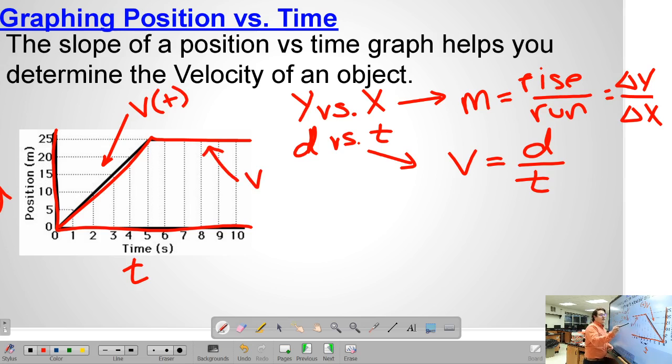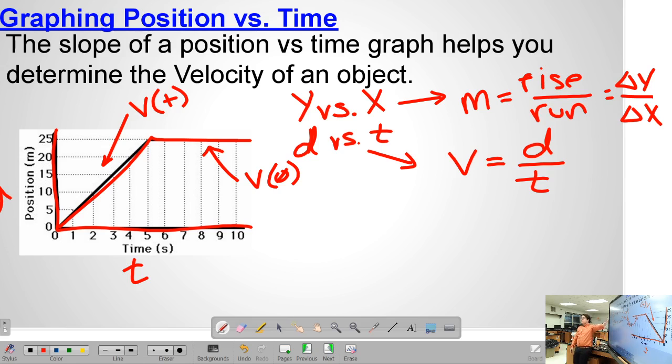Here we'd say velocity is 0 because the slope is 0. A lot of you have done a really good job of pointing that out. But then the next step in our brain is, what does positive velocity mean? It means you're going to the right. Zero velocity means you're not moving. Okay?